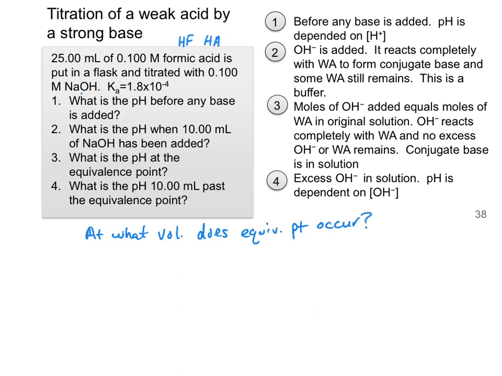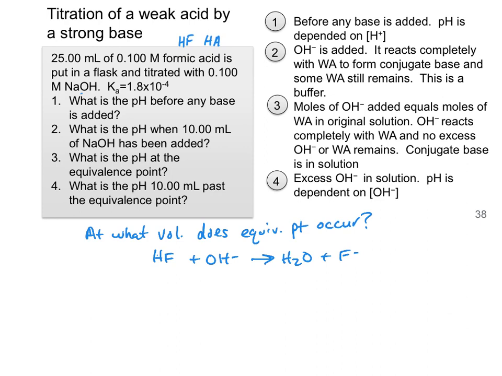We know that at the equivalence point, all of the HF is going to be reacted with OH minus to form water and F minus. So we've added a stoichiometric equivalent of reactants, HF and OH minus, 1 to 1.